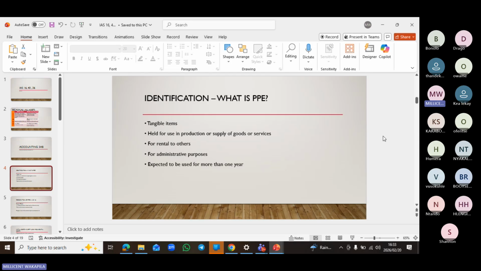Those guys are part of the administrative. So if we are housing those people in our building, then that building is PPE. And also it is expected to be used for more than 1 year.